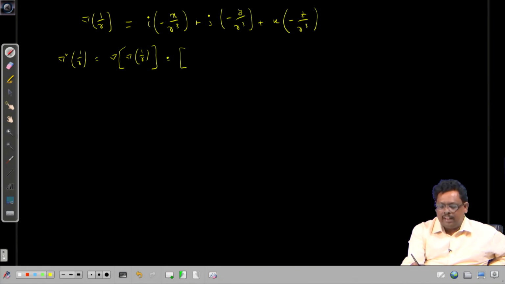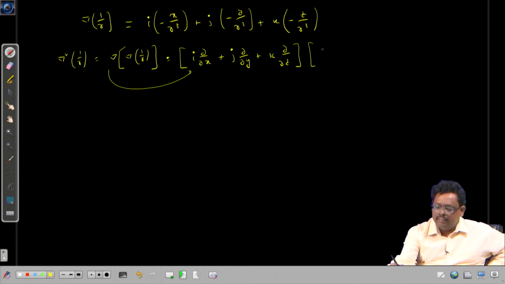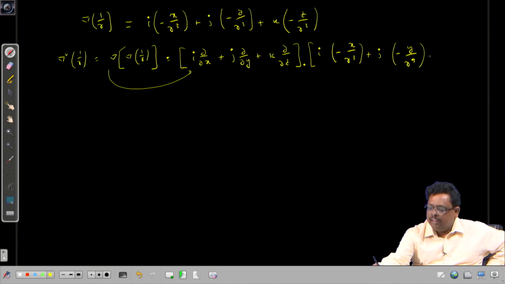Let us quickly apply this: it is i del x plus j del y plus k del z, and now I find the dot product with i into minus x by r cube plus j into minus y by r cube plus k into minus z by r cube.